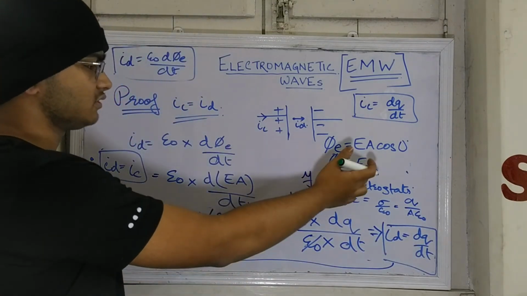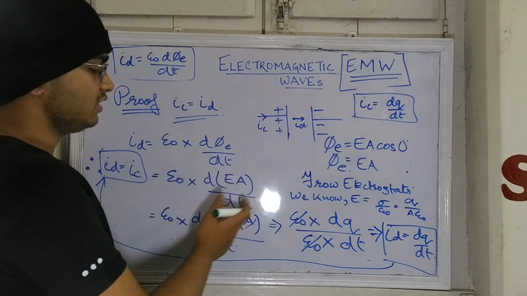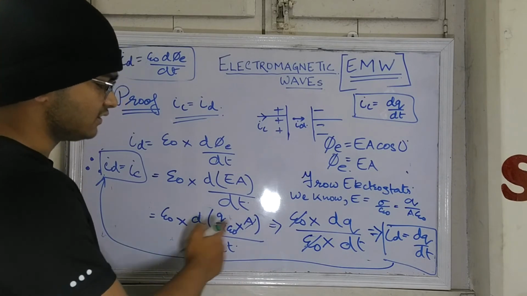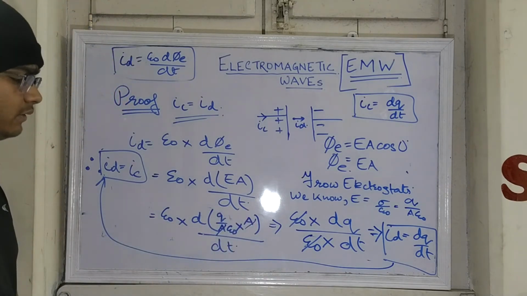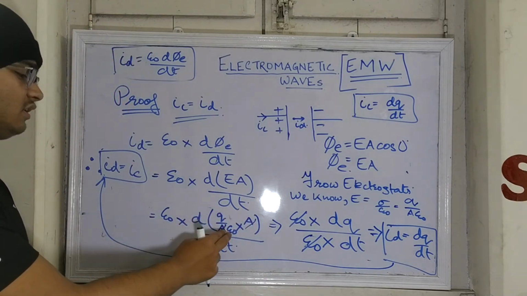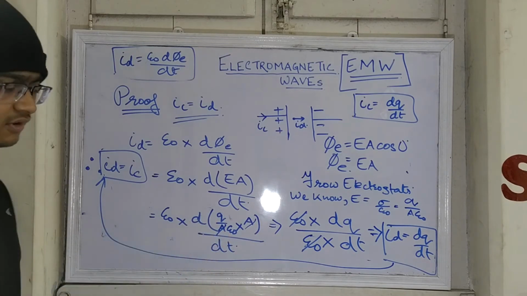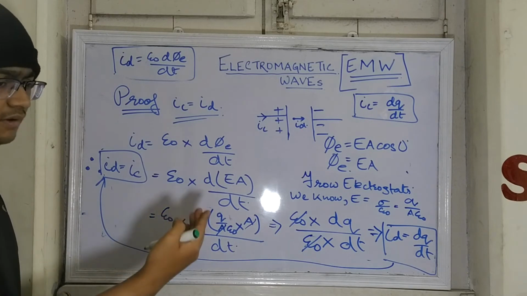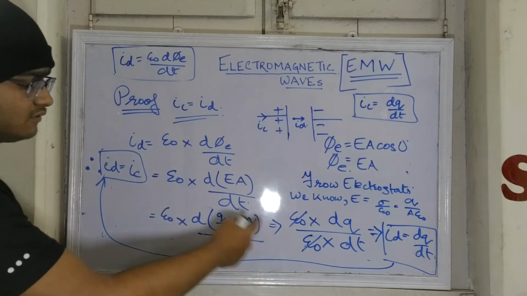First I wrote d of EA by dt, and then I put that value over here. So A and A got cancelled out, and epsilon naught, since it is constant, comes out of the differentiation and cancels with the other epsilon 0.